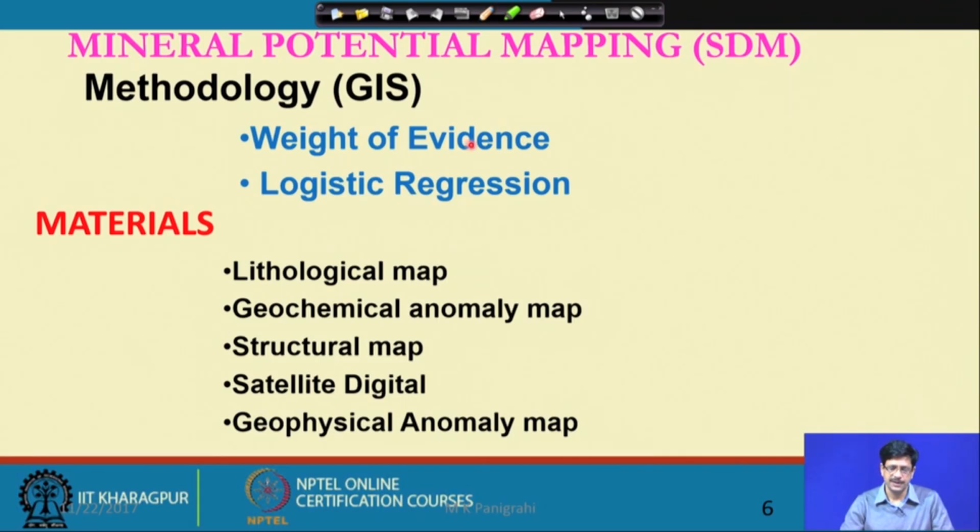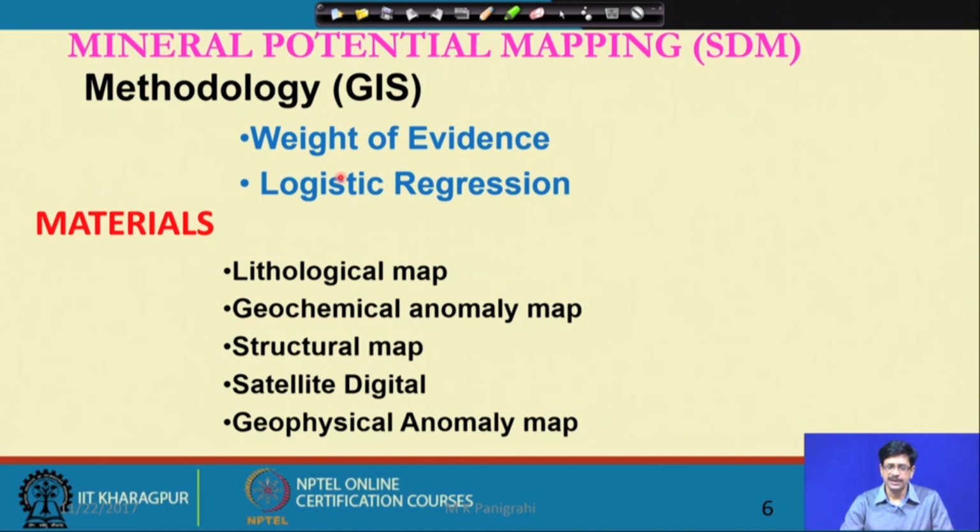That evidence could be all the geological, geophysical and geochemical data that we are talking about. In this method we take some evidence and then come out with some inference in terms of probability.